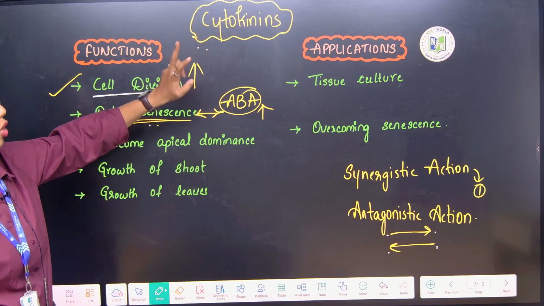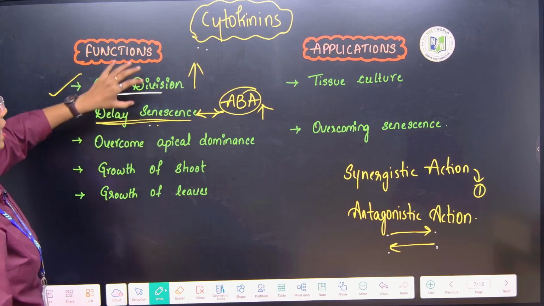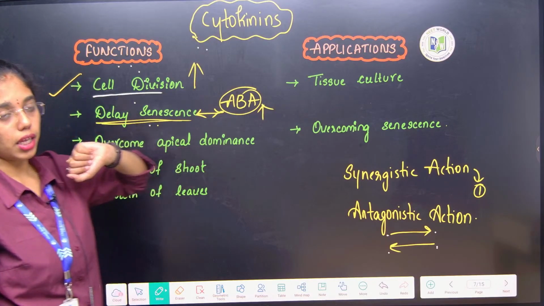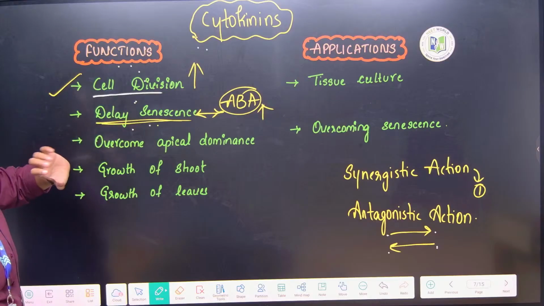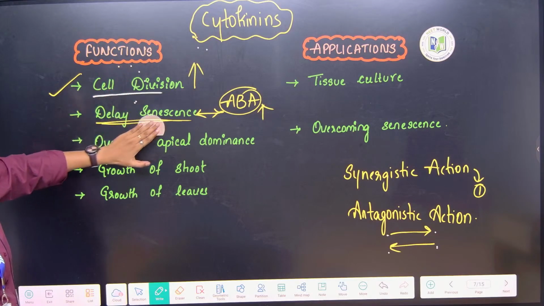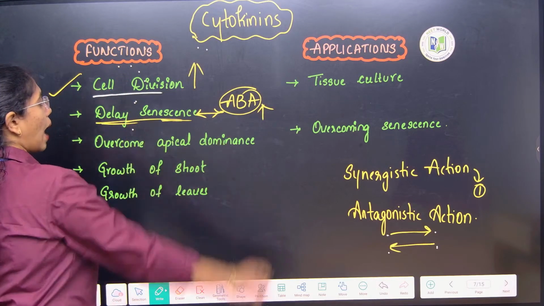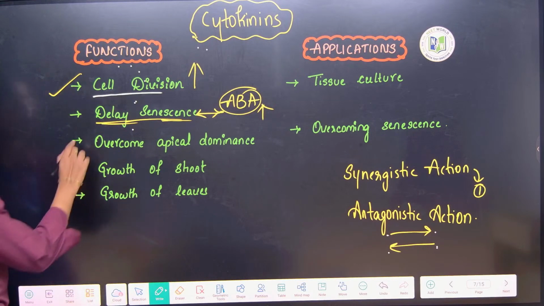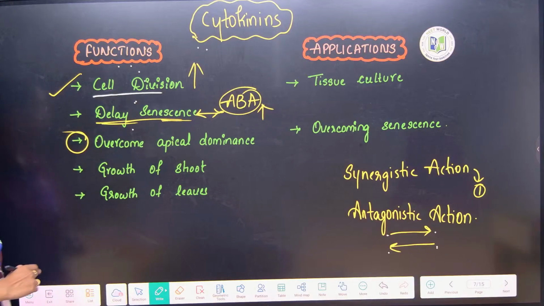Okay? So, auxins and cytokinins are synergistic in their action when we take cell division into consideration. Second is senescence. Cytokinins will delay the process of senescence, abscisic acid will promote the senescence. Next, auxins will overcome the apical dominance.